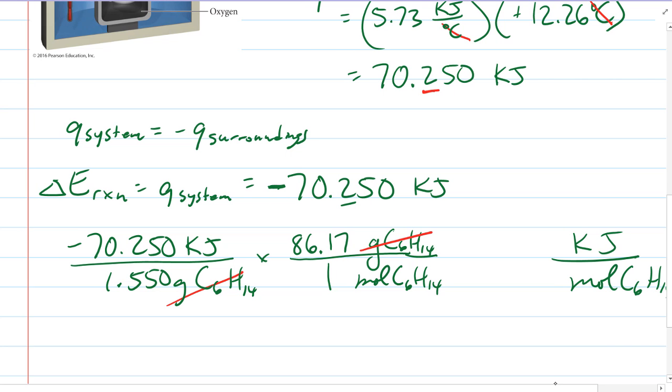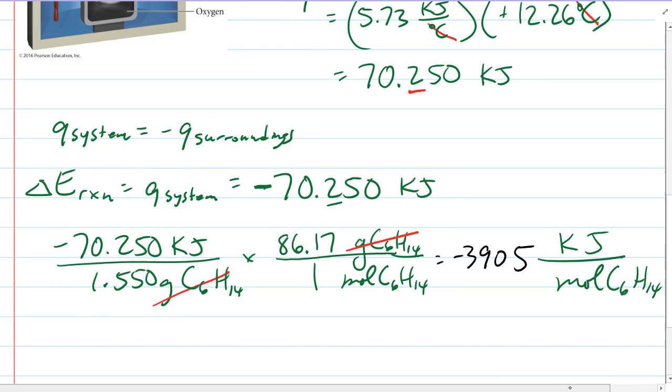We'll take the 70.250, divide it by 1.55, multiply by 86.17, and we wind up with an answer of a negative 3905 kilojoules per mole of the C6H14. Of course, this value really only has 3 significant figures, which means our answer should only have 3 significant figures.